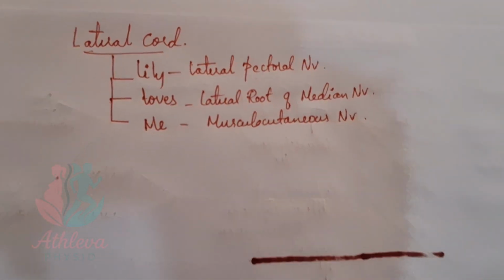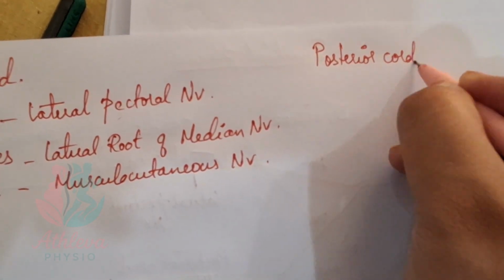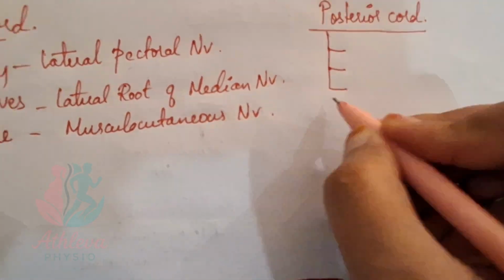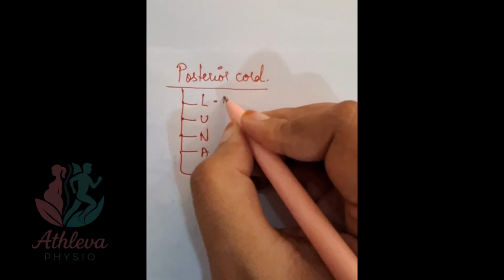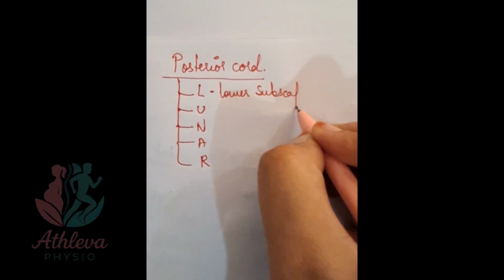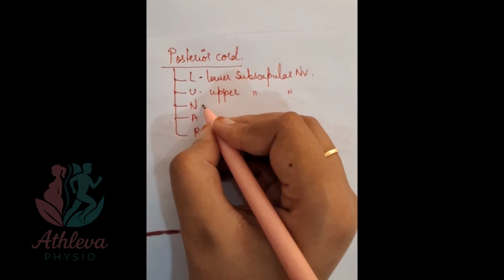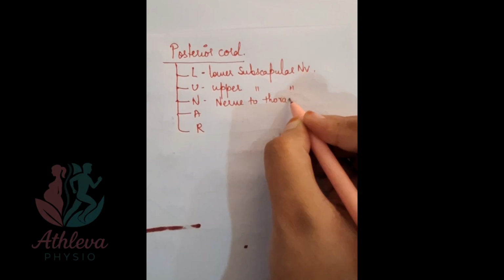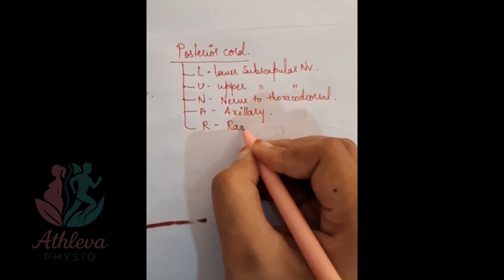Coming to the posterior cord, the mnemonic is LUNAR. L stands for lower subscapular nerve. U stands for upper subscapular nerve. N for nerve to thoracodorsal. A for axillary nerve. R for radial nerve.